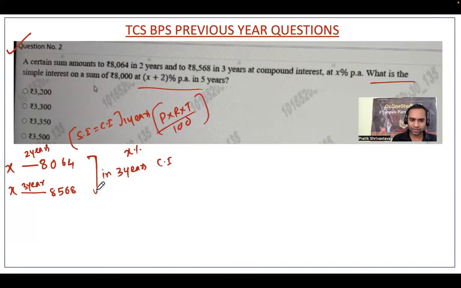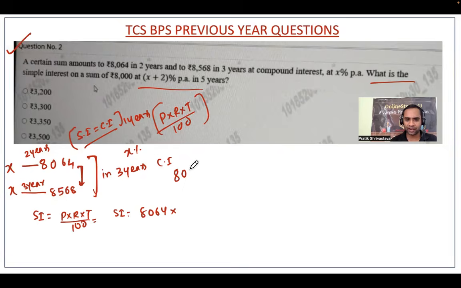Now, anyway, here I will calculate the interest. So I will use the simple interest formula only, because see, 2 years, 3 years, the difference is only 1 year. So I will be using that simple interest formula itself. If we see the interest, what is the interest here, friends?